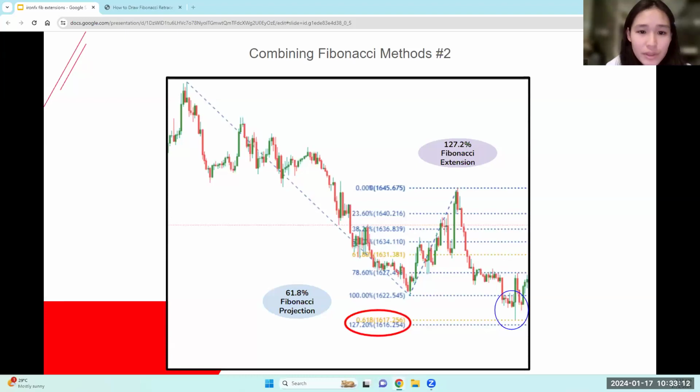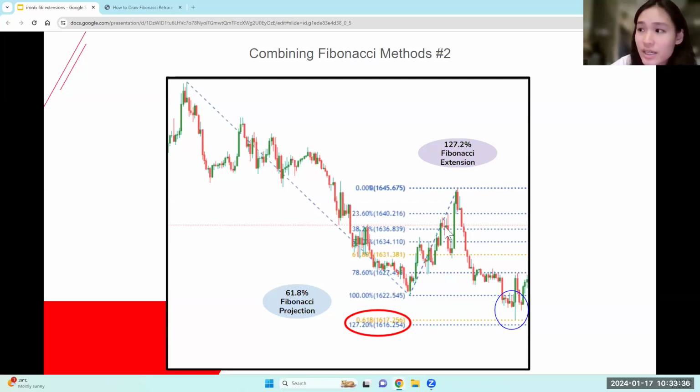So in this example, we have two Fib methods. I mentioned earlier the Fibonacci extension, which we just went through, and the Fibonacci projection, which uses a lightning bolt symbol. So our 61.8% Fibonacci projection, like you see here, lines up with the 127.2% Fibonacci extension.